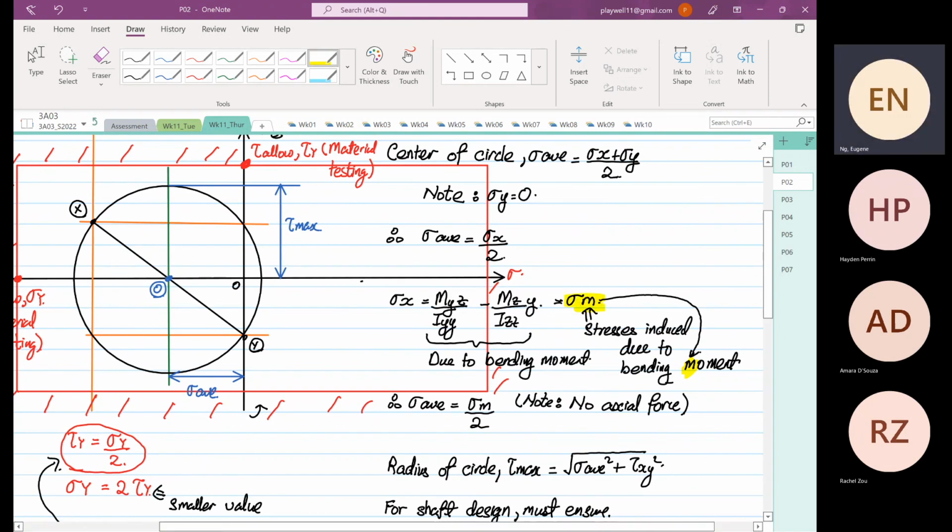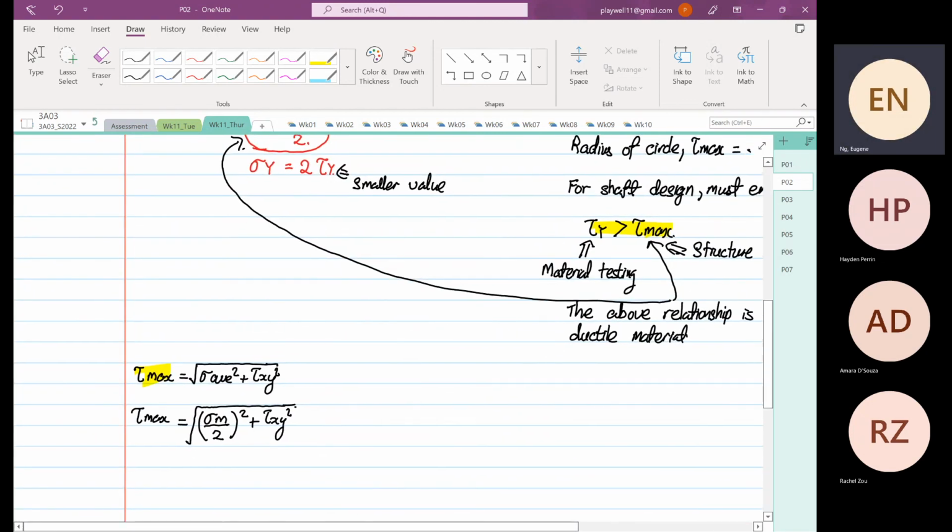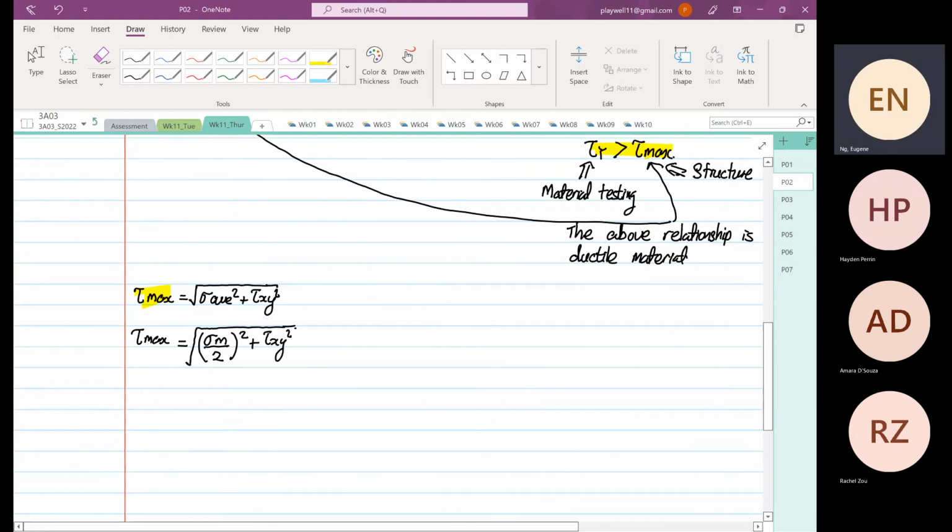Then from here, we are going to write down a relationship for stress M. So we know that stress M is equal to the moment Mz times y over Iz. I'm going to put a plus here, I'm not going to do the minus sign.